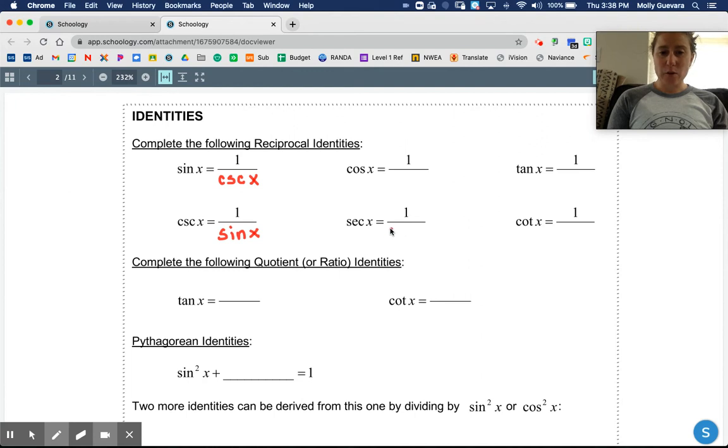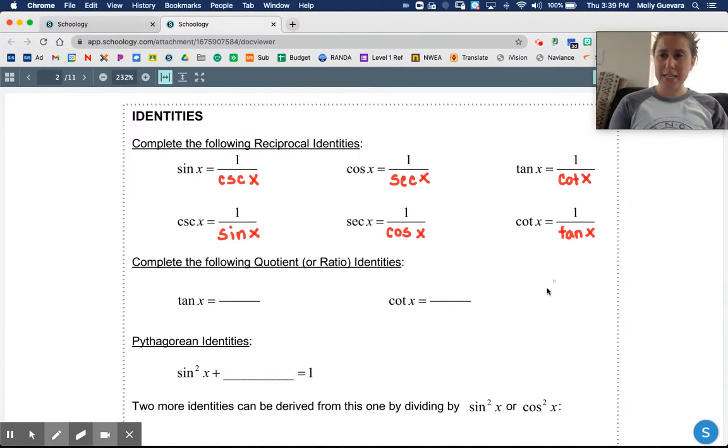Secant of x is 1 over cosine of x. So cosine is 1 over secant. Cotangent is 1 over tangent of x. So then tangent would be 1 over cotangent. So again, those are not new identities. We know those already.